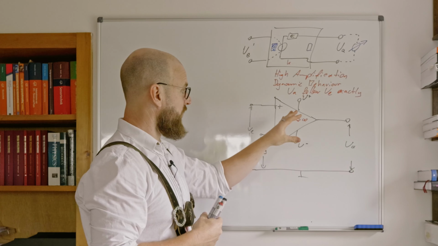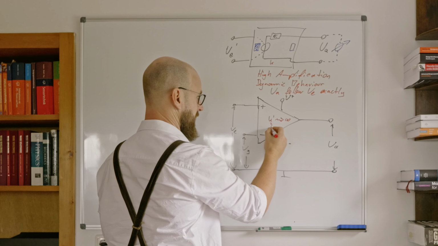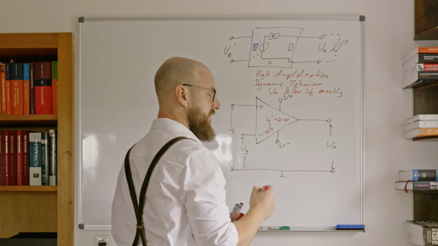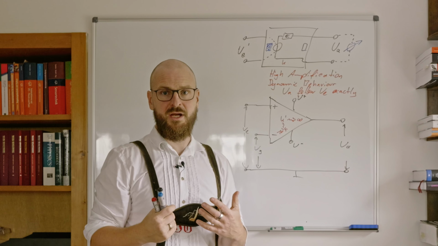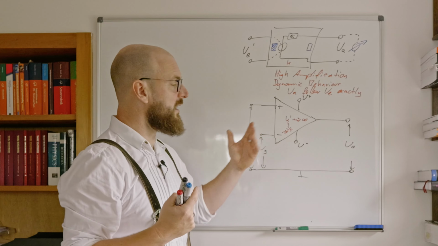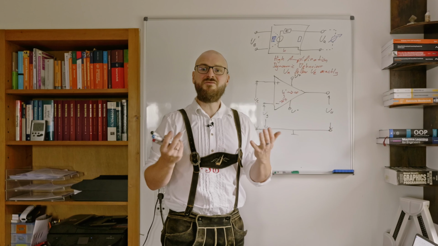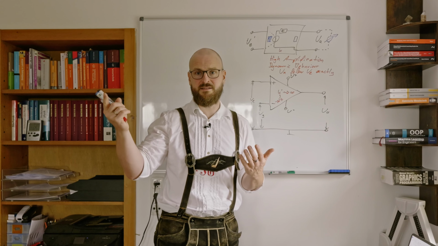So that's one thing. For a real operational amplifier, those will tend to go to factors like 10 to the 5, 10 to the 6, 10 to the 7. So they are really very large. Now thinking about that, still it looks like not usable. Why should I have an amplification factor of 10 to the 6?